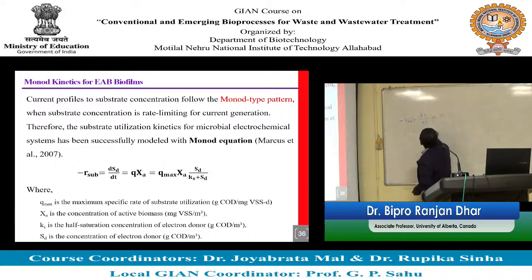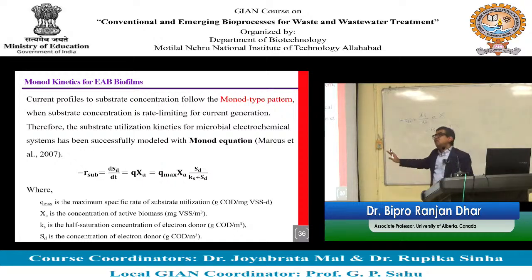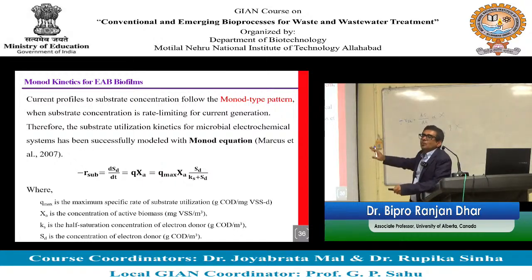Typically we write minus RSU equal to mu X. But here mu is for a regular heterotrophic microbe, while for electroactive microbes we are going to use a term called q. They decided there are different types of microbe, so we use a different term q.